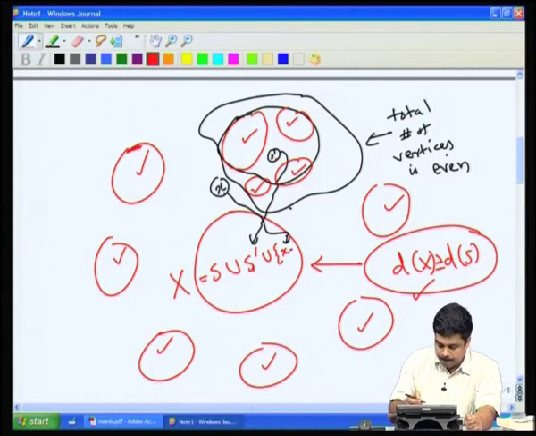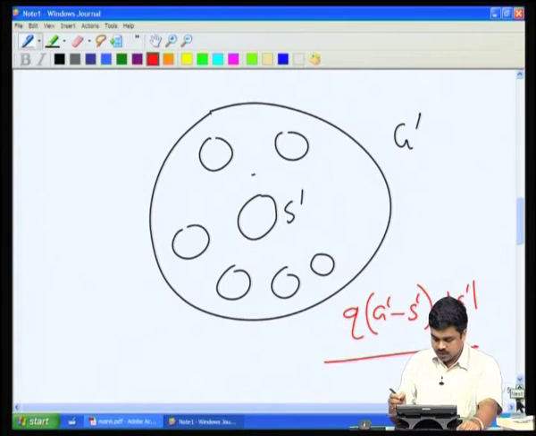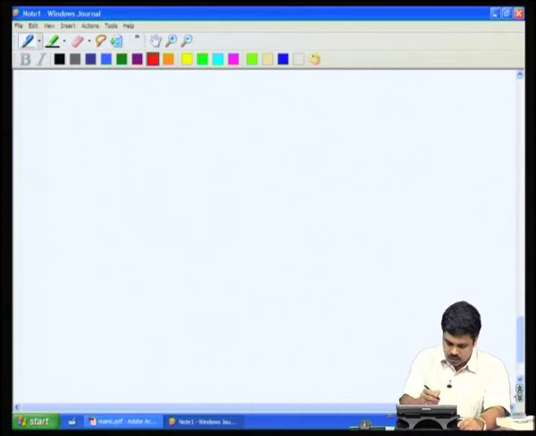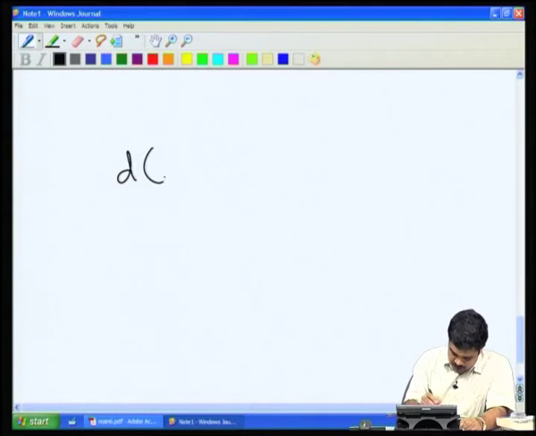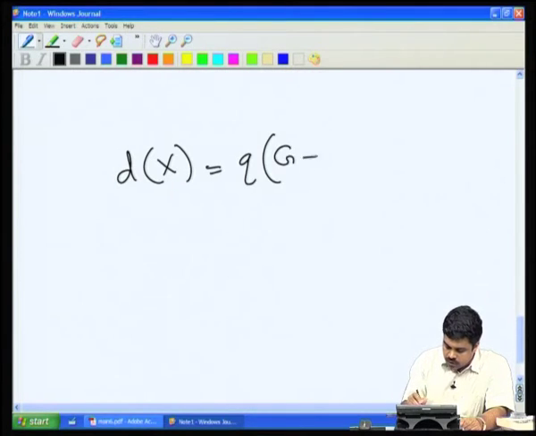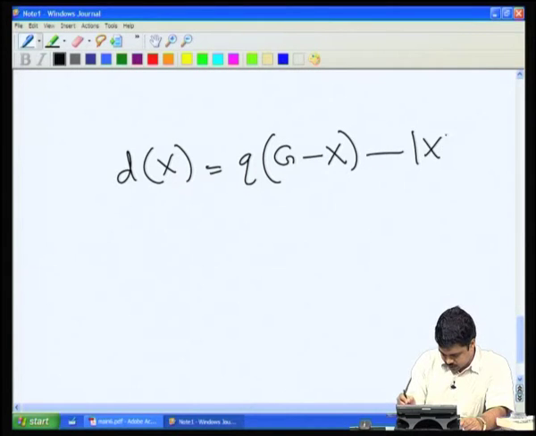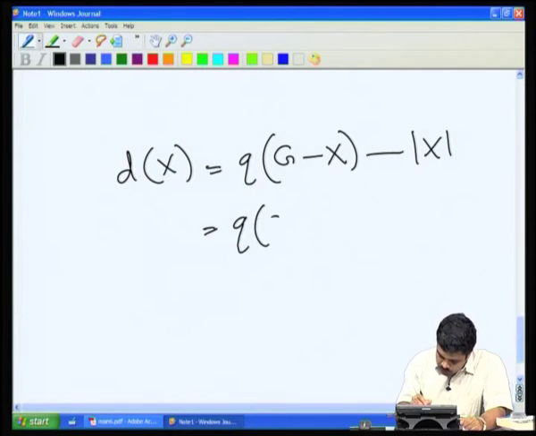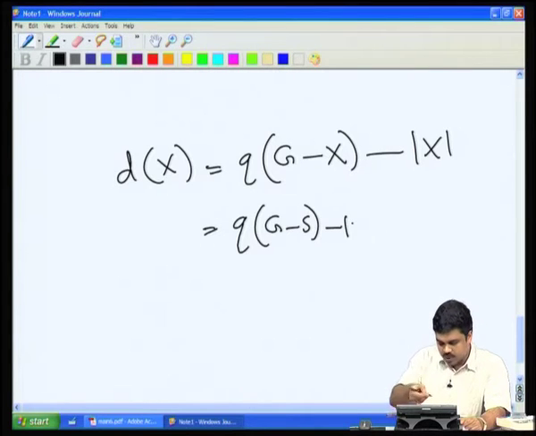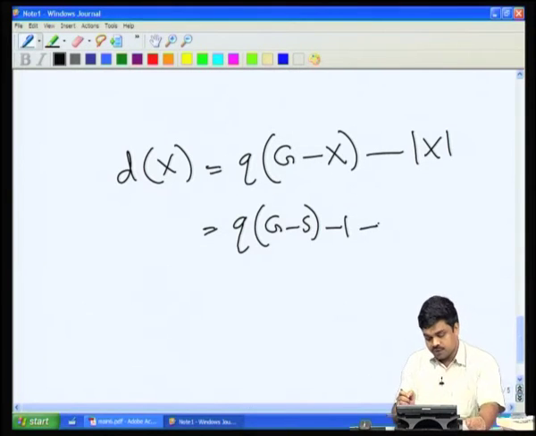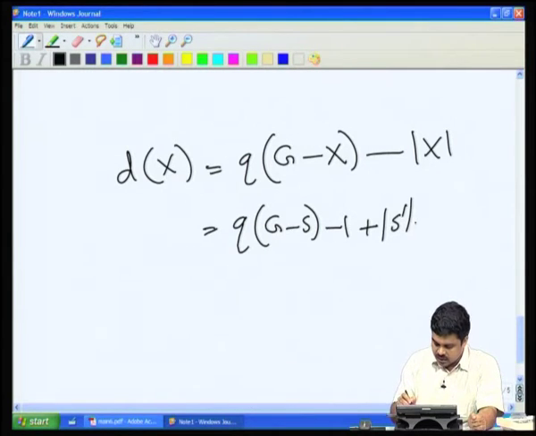Therefore, suppose you compute d of x, this is essentially the number of odd components of x minus cardinality of S. Now, this we know is essentially q of G minus S minus 1, because one odd component we destroyed, and then the increase in the odd components is essentially S dash plus 2.